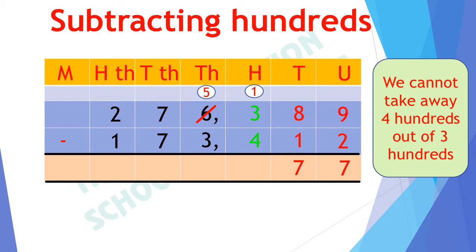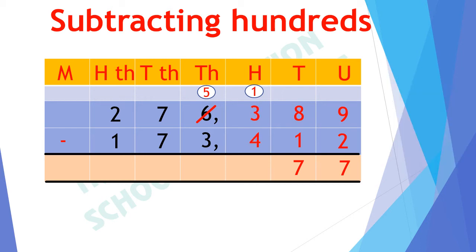As we have taken 1000 as borrow, or 10 hundreds, and we have 3 hundreds already, it makes 13 hundreds. Now we can easily subtract 4 hundreds out of 13 hundreds. From 13 hundreds, if we take away 4 hundreds, we get 9 hundreds.